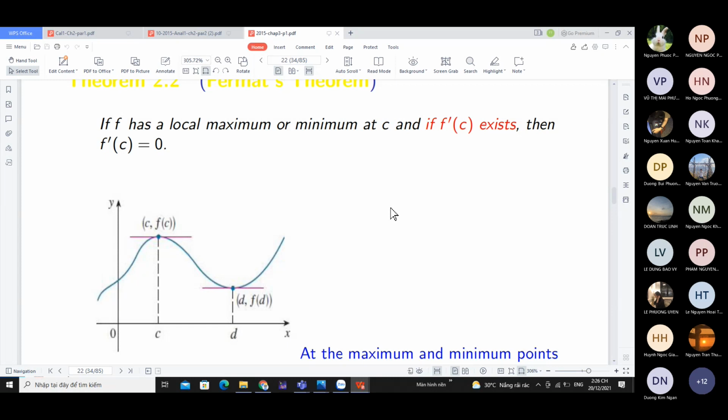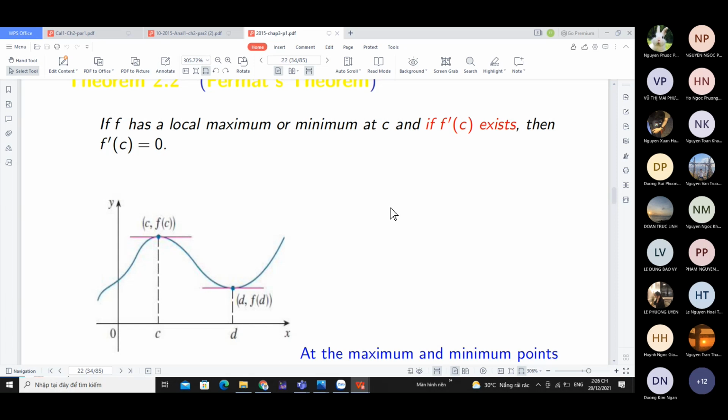This theorem gives you a necessary condition for which the function f attains a local maximum or local minimum at a number c.